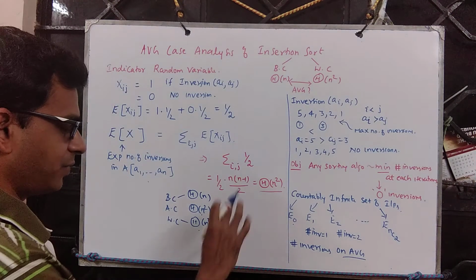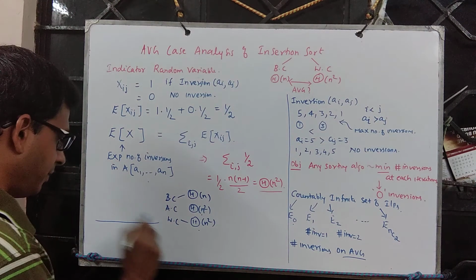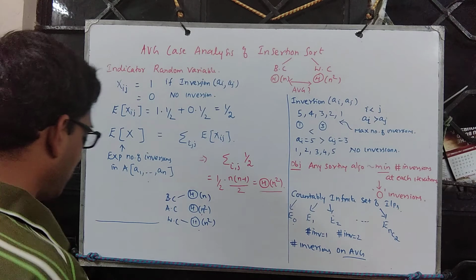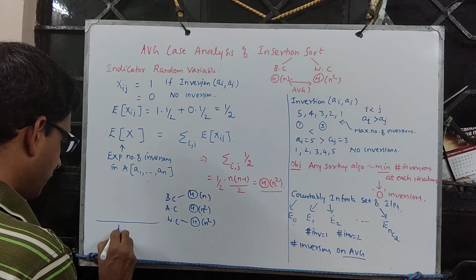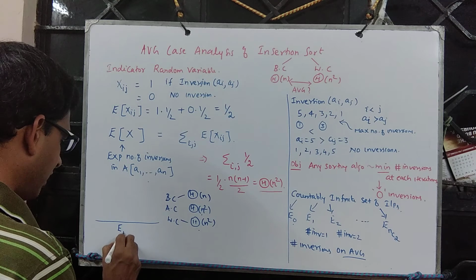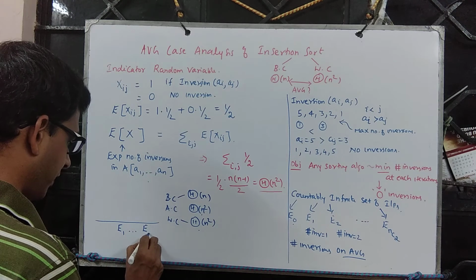When we do this, one can also look at this model, say the number of comparisons; let's assume it is between 1 and n choose 2, or n into n minus 1 by 2.